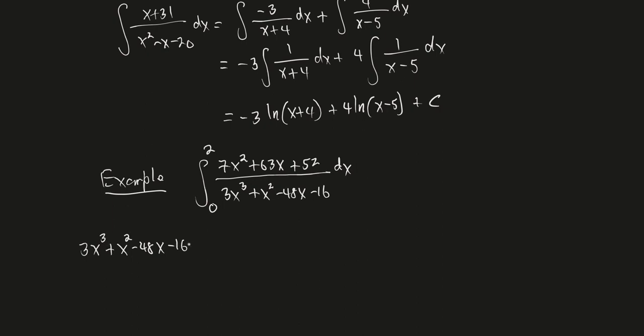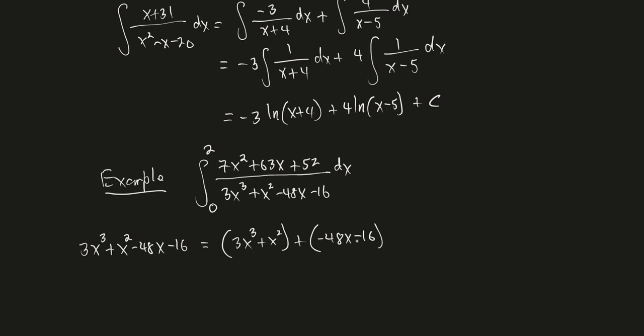We try to factor by grouping. So what I'm going to do is group the first pair. So we're going to group the 3x cubed plus x squared, and then plus, and then I'm going to put the negative inside the parentheses, group the last pair. So the minus 48x minus 16.